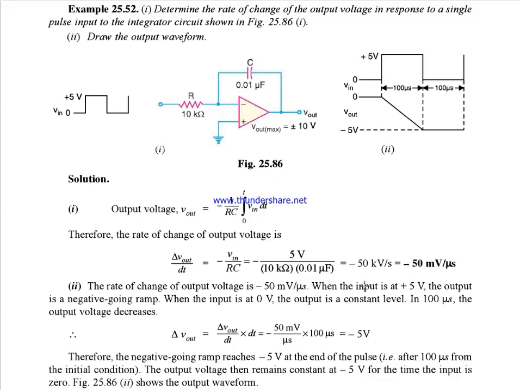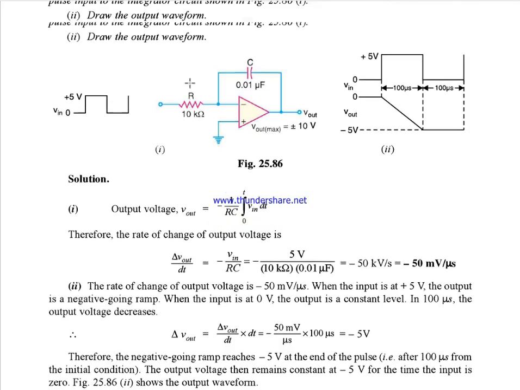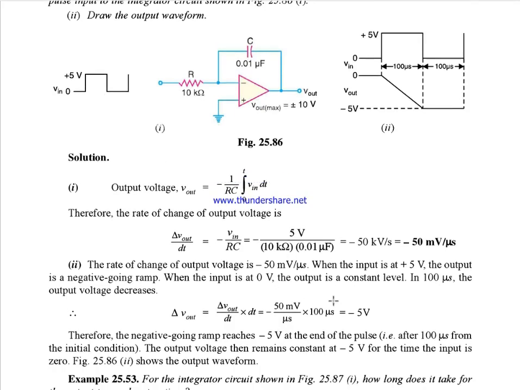To draw the output waveform, we have to understand what the output voltage will be, but the time interval between two pulses is not given in this problem. So in this problem, I am taking it as 100 microsecond. Since we are writing in microseconds, I am taking it as microseconds.